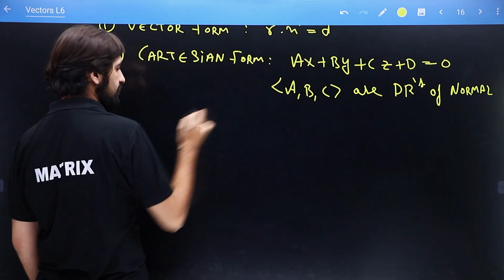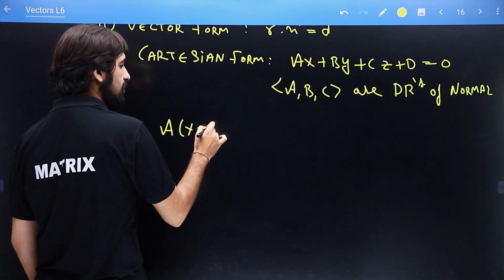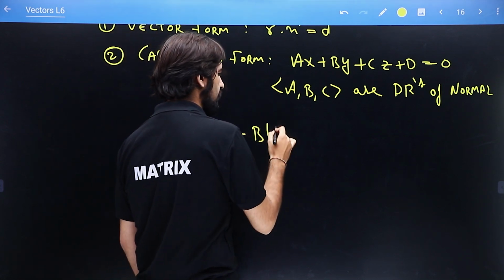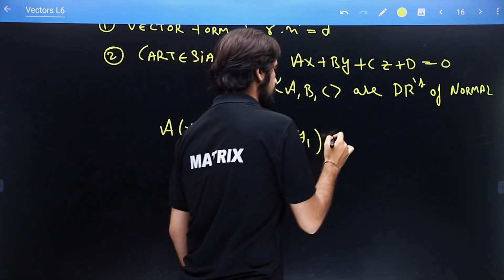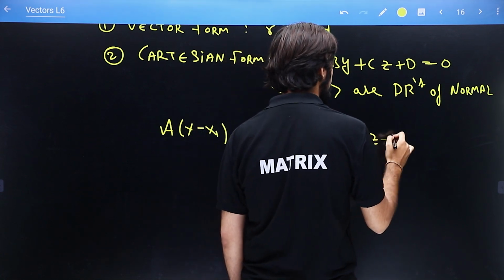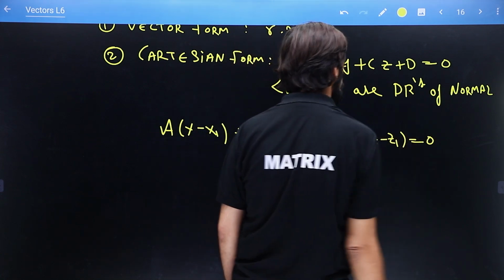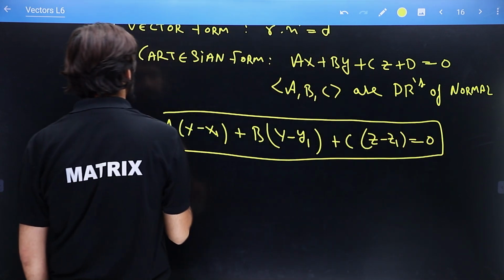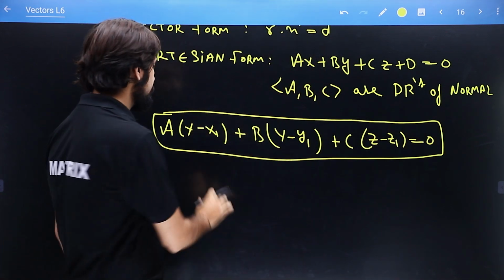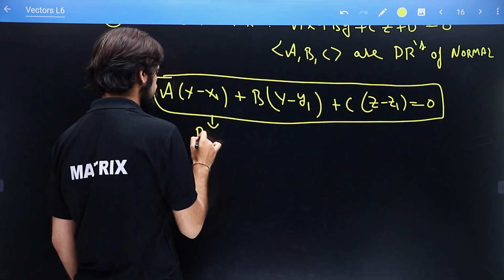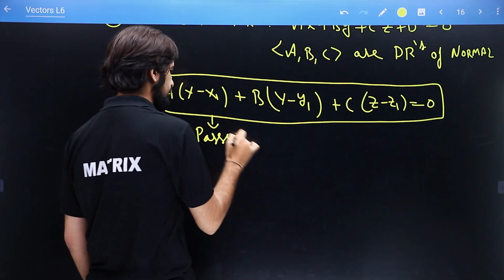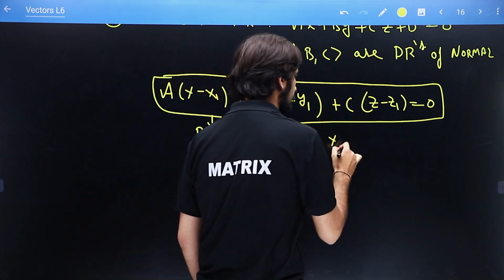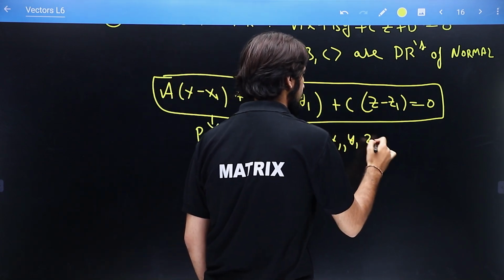So another equation of this is a(x minus x1) plus b(y minus y1) plus c(z minus z1) equal to 0. Okay, this is the equation of the plane whose normal vector has DRs a, b, c and passing through x1, y1, z1.